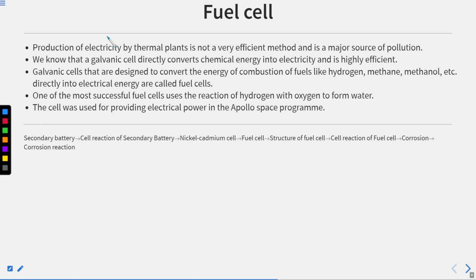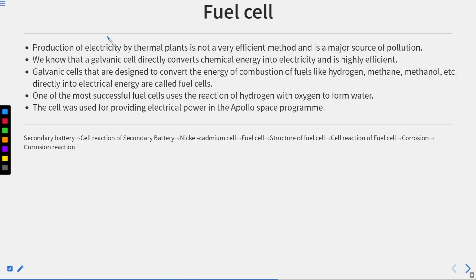Now we know that we can convert the free energy of a spontaneous redox reaction, or chemical energy, into electrical energy. If we put up a setup that gives us electricity very efficiently, then we can use this principle for our day-to-day electricity needs.